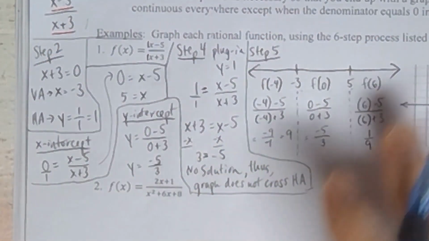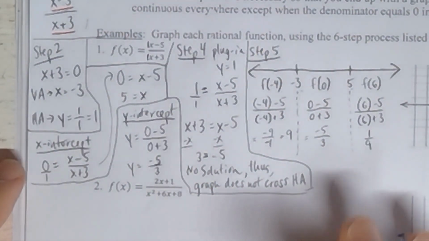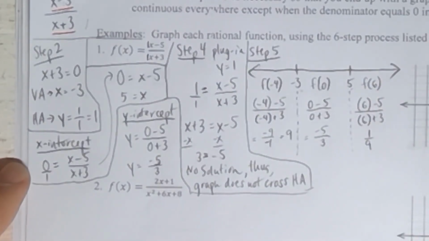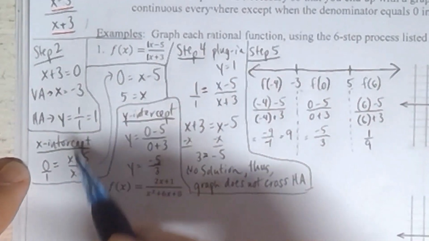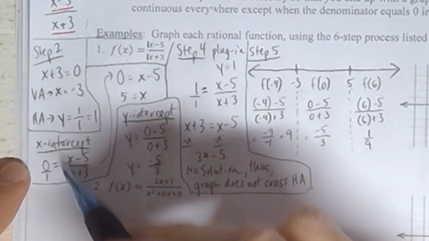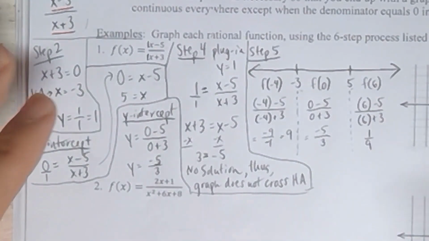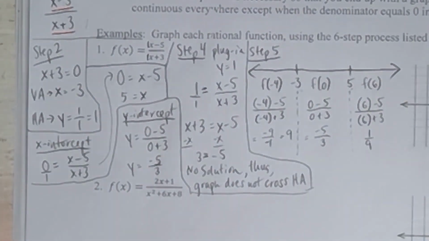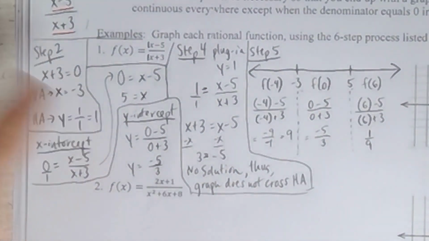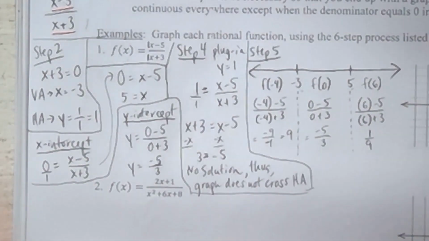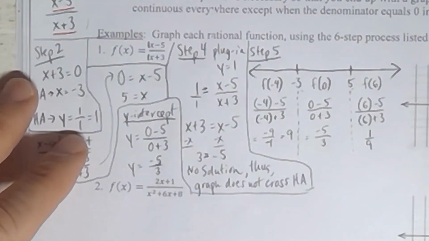Now let's take a look at our numbers here. There's one number that's kind of big that goes a little bit off the graph here, and that's this 9 right here. All these other numbers that we found for x's and y's, all of them should fit within this graph here. Because there's just one number that does that, and since it's not like it's 73 or some big number like that, I'm going to just stretch things out here a little bit.